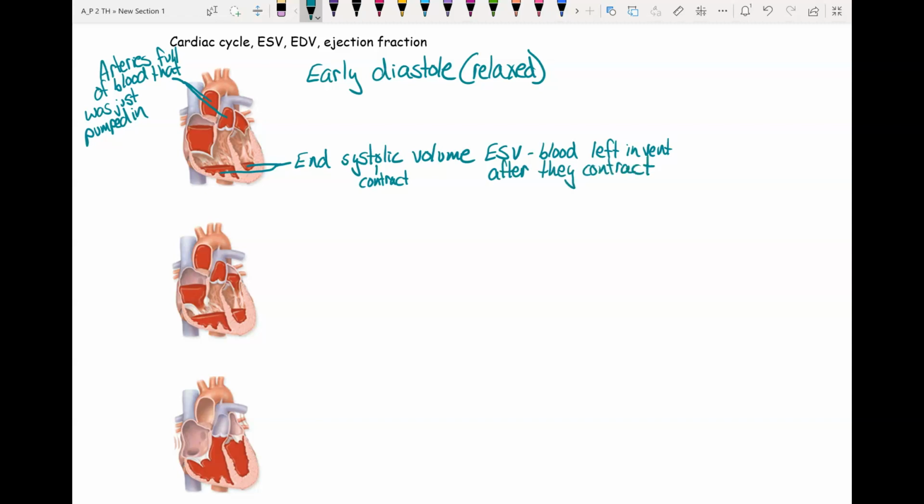And we are going to put some numbers to these volumes, and it varies from person to person and based on your activity level. So we're going to do the number that is the average healthy adult at rest. But just remember, these are not precise numbers. They vary greatly.